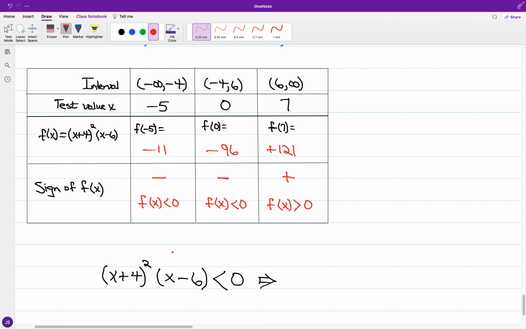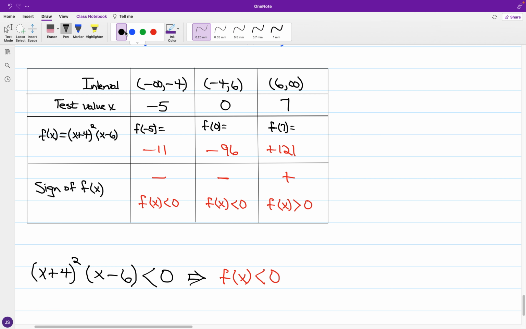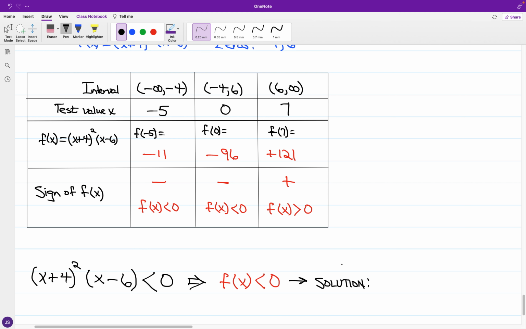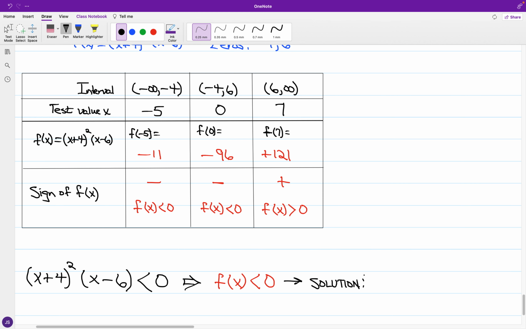Okay, and with f(x) as the square of x plus 4 times the quantity of x minus 6 less than 0, we're looking at where f(x) is less than 0. And for the solution, locating where f(x) is less than 0, you have these back-to-back interval sections. There's no equal sign, so we're going to maintain the use of parentheses throughout.